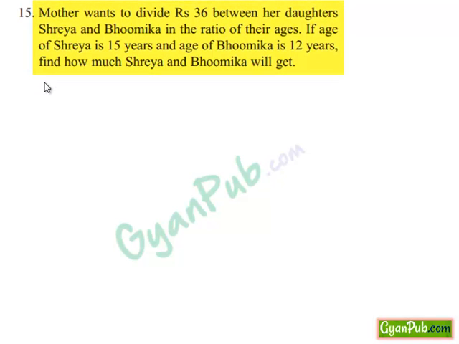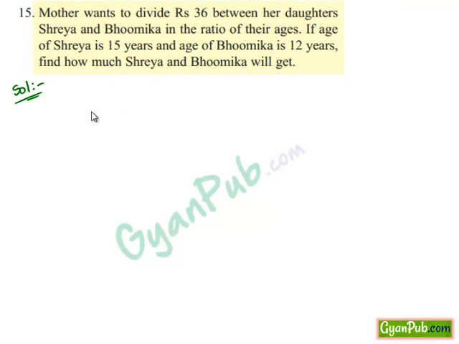Moving on to the 15th question. Mother wants to divide rupees 36 between her daughters Shreya and Bhoomika in the ratio of their ages. If age of Shreya is 15 years and age of Bhoomika is 12 years, find how much Shreya and Bhoomika will get. Let's do the solution.